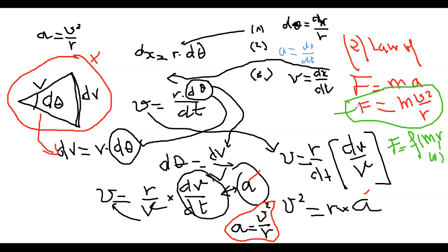So change this formula, using M, R, and W. Here we said F is a function of velocity and R, but this time I ask you to express F in function of mass, R, and W. Stage is yours. Go.